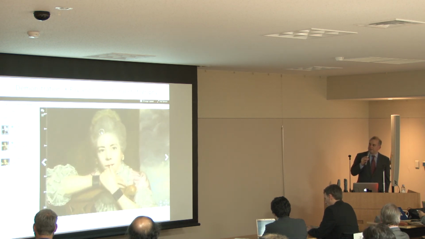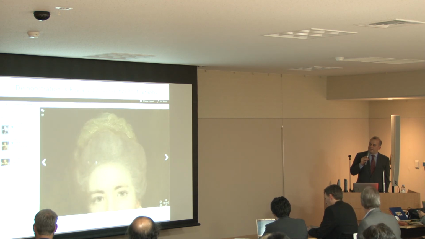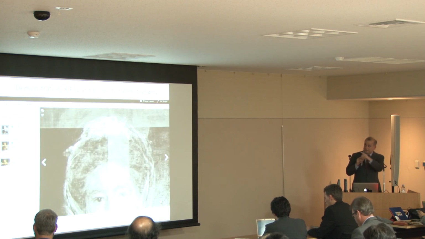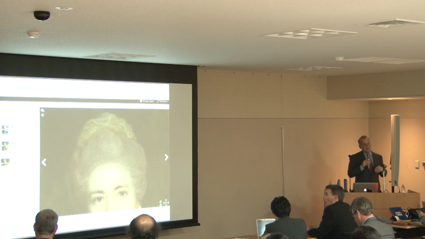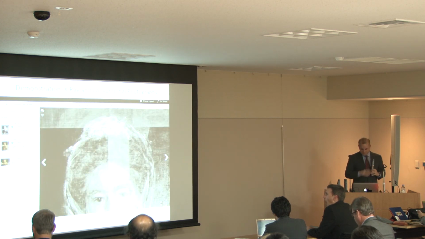And if we zoom in and adjust the opacity again, you'll see around the head that there is a hat or a bonnet that's visible in the X-ray, but it's not there. It's been overpainted, and it's not visible in the conventional photography.